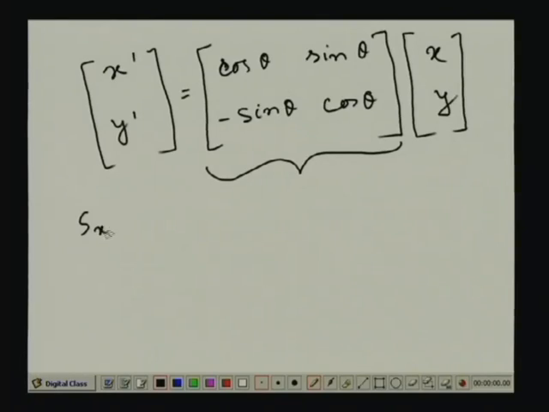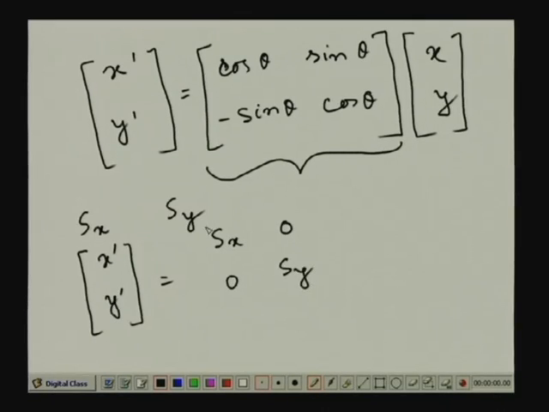In the same manner, if I go for scaling, say I have a scaling factor of Sx in the x direction, and scaling factor Sy in the y direction, then the transformation matrix for scaling can be represented as x prime y prime is equal to Sx 0 0 Sy, multiplied by the original coordinate x y.